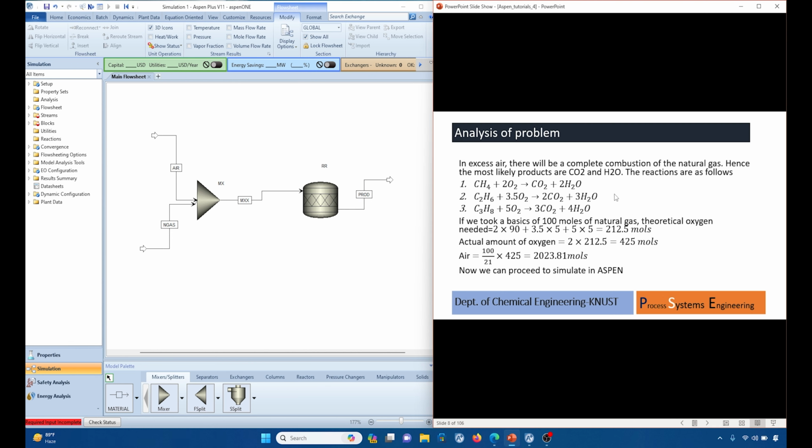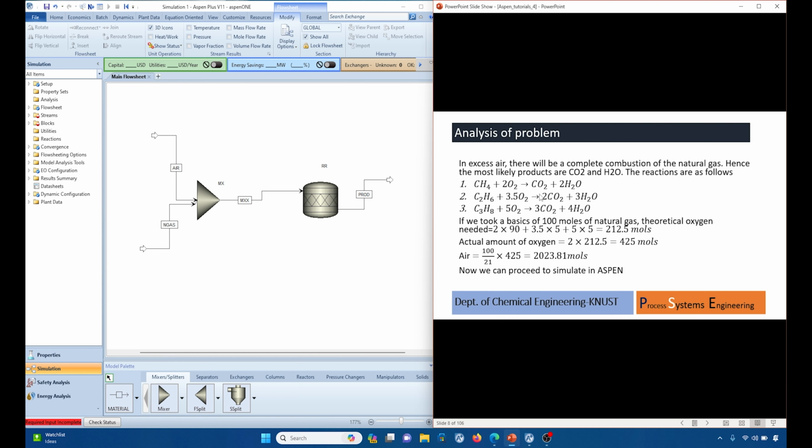Once we are done with that, we come back to our problem, and based on the balanced stoichiometric reactions and molar basis for our feed, we're able to calculate the theoretical amount of oxygen required to completely burn our natural gas. For reaction 1, for instance, for every mole of methane burned, we need 2 moles of oxygen.